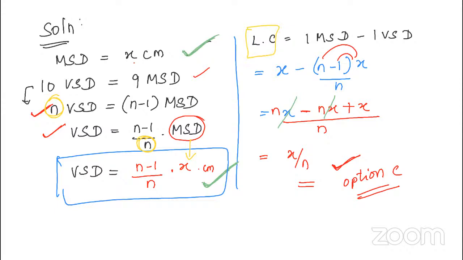Its formula is 1 MSD minus 1 VSD. We know the MSD value and the VSD value, so we substitute them here. After substituting, cross multiplying and cancelling, finally we get the x by n value. In our problem, it is option 3, that is C.